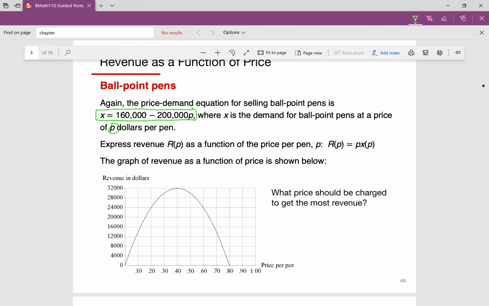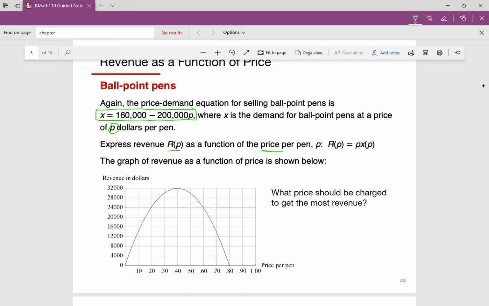Now, the question is: express the revenue R(P) as a function of the price per pen. That means they want the function of revenues in terms of price.